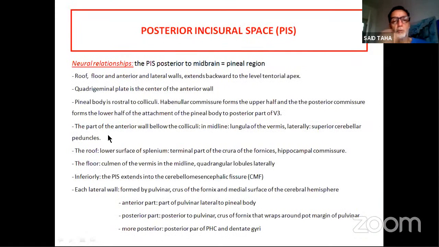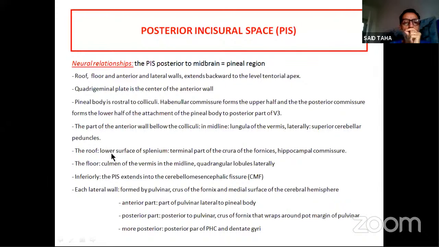The parts of the anterior wall below the colliculi in the medial midline are represented by the lingula of the vermis and laterally the superior cerebellar peduncle.